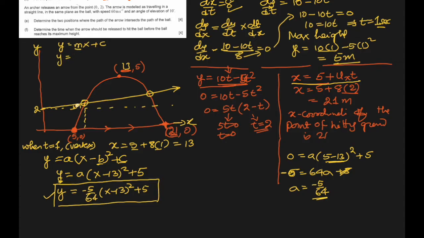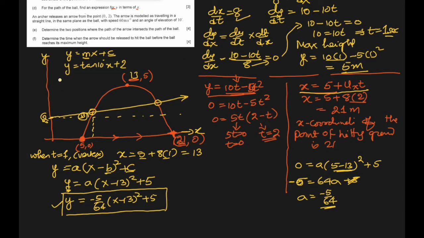The gradient of this, gradient nothing but tan 10. Tan of the angle, tan 10. So tan 10 degrees x, and c is the y-intercept. We know y-intercept is 2 here. That's the equation. Let me evaluate tan 10. It is 0.1763x plus 2. This is the equation.